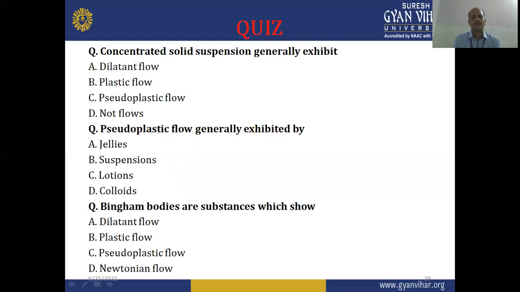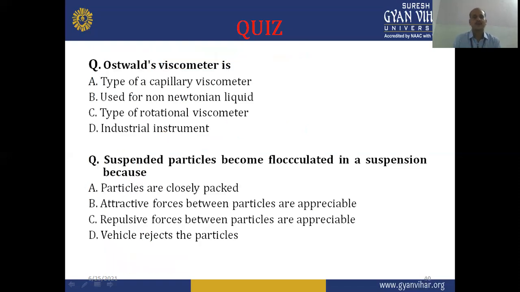The next question is: Bingham bodies are substances which show A is dilatant flow, B is plastic flow, C is pseudoplastic flow, and D is Newtonian flow. So we already discussed the Bingham bodies in today's lecture. Please find the correct option for this question. Next one is: the Ostwald viscometer is A, a type of capillary viscometer, B is used for non-Newtonian liquid, C is a type of rotational viscometer, and D option is industrial instrument.